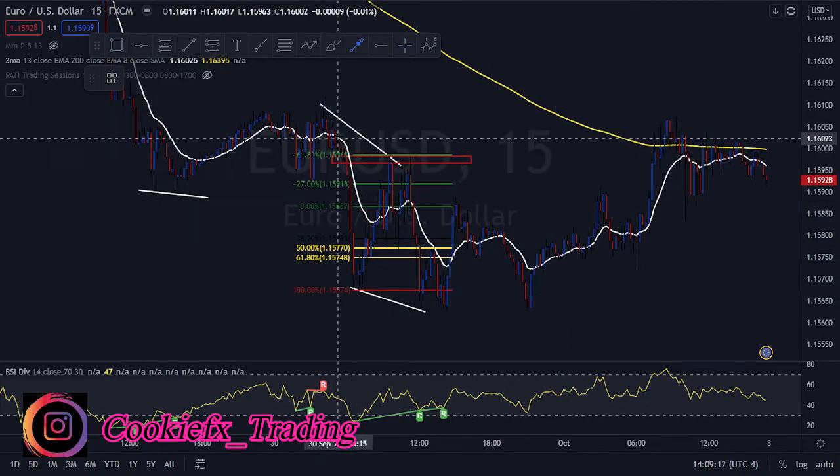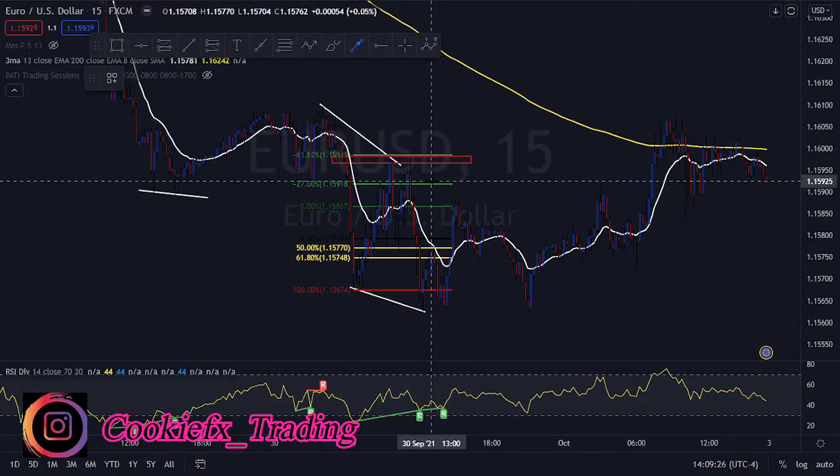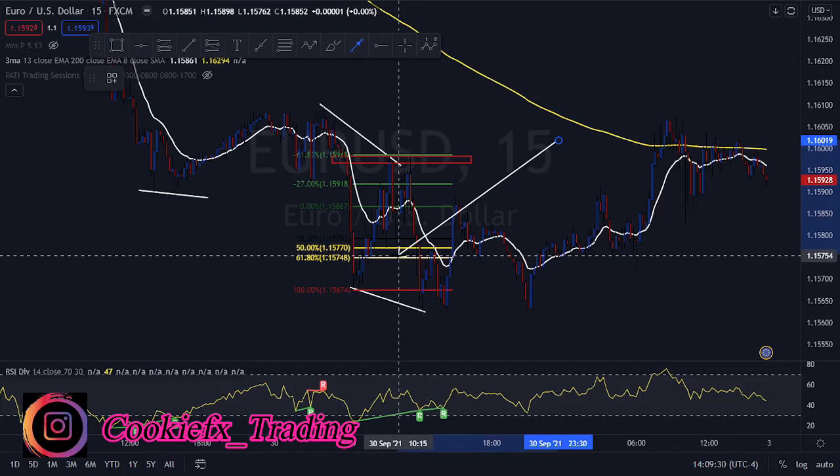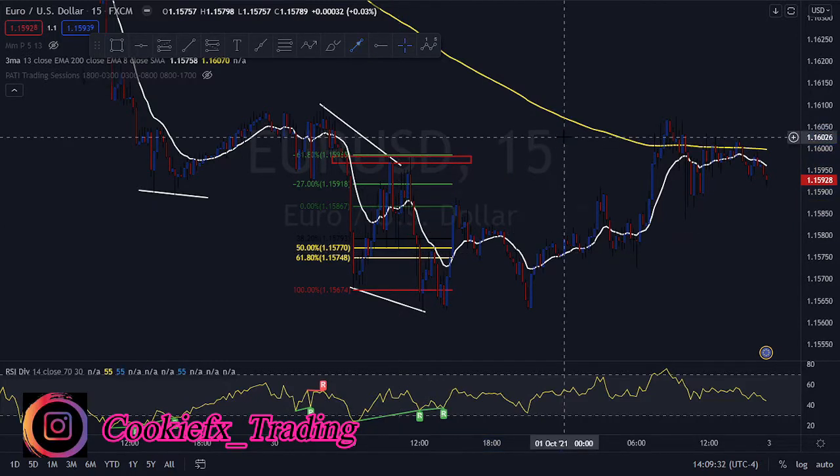So price indicated. Let me rephrase that. You could have taken the buy or the sell. The thing is that the sell was the real move, not the buy, because people who took the buy ended up eventually getting stopped out if they didn't take the majority off and put their stop loss at break even.